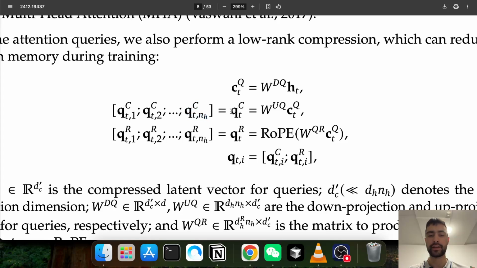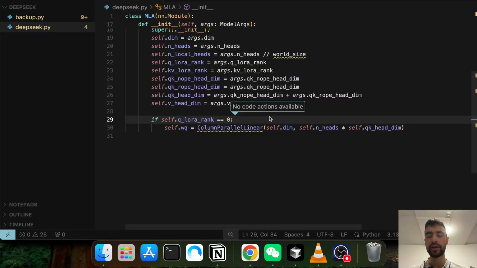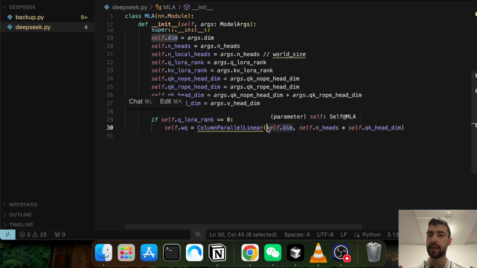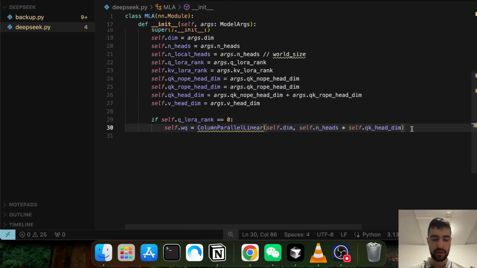Of course, you will later split that into the number of heads, and each head will have that dimension. But for now, we are just converting the input token embedding into the query vector. Then else. So this is if we have LoRa rank, so if we want to use the architecture of DeepSeek.